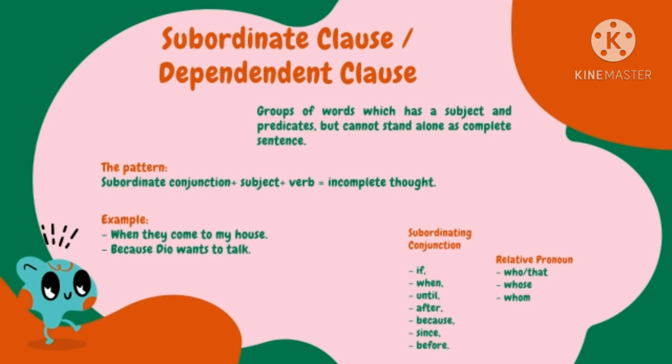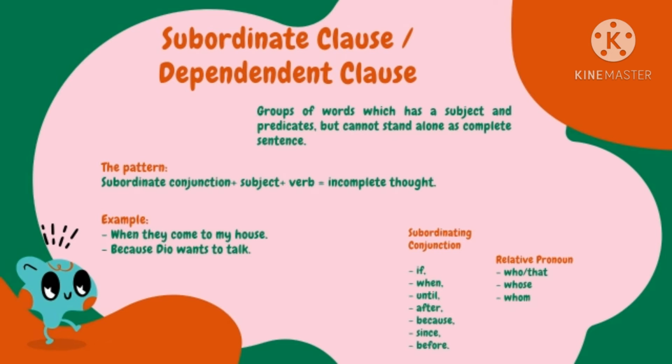Subordinate clause. A subordinate clause is a group of words which has a subject and predicate but can't stand alone as a complete sentence because it doesn't express a complete thought. A dependent clause is also known as a subordinate clause. A dependent clause requires an independent clause in order to provide appropriate, complete information.